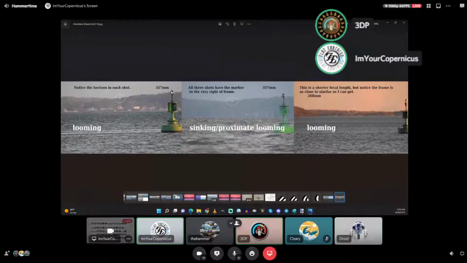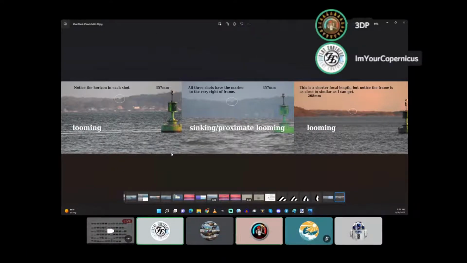The center of the buoy is center of frame, give or take, because it's moving. It's tethered. So I'm not trying to make precise claims based on the position of this per se.